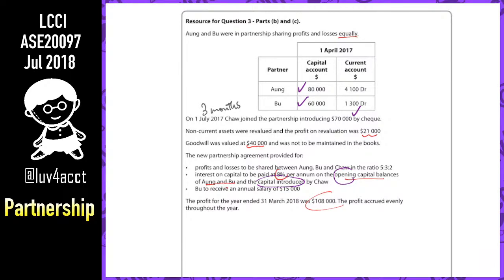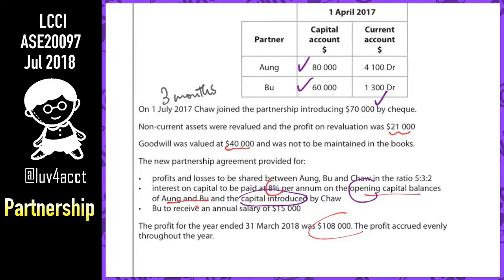Because for interest on capital, I think we should consider the capital after the formation of the partnership, but not the original amount, because the original amount is not fully adjusted. But if the question is given like this, of course to gain the marks we have to follow. So we will take 80,000, 60,000, and 70,000.